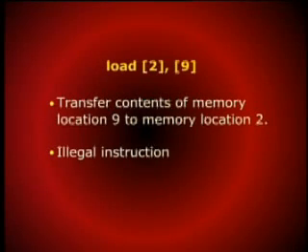The symbols 2 and 9 represent memory locations. This instruction implies a transfer from one memory location to another. However, this is illegal and is not available in the instruction set of the processor.